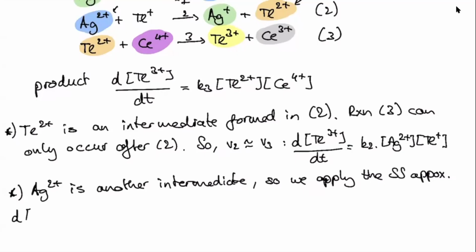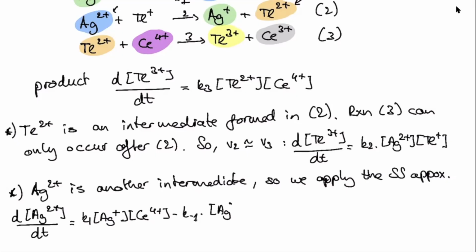So we're going to write d Ag2 plus dt is K1 Ag plus Ce4 plus minus K minus 1, so the back reaction of the equilibrium, Ag2 plus Ce3 plus, minus K2 Ag2 plus Tl plus, roughly 0.